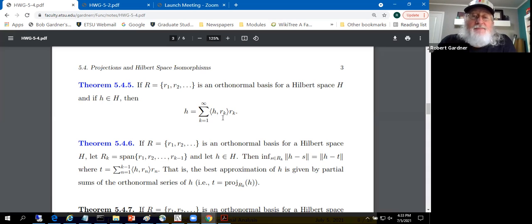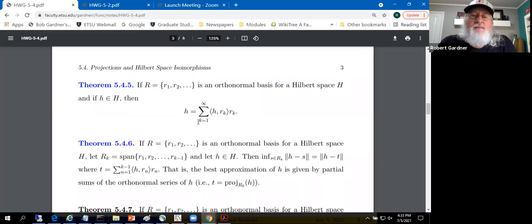It's the orthonormality that allowed that. If you had an orthogonal basis, this wouldn't be too bad. We'd have to deal with the fact that the vectors r sub k might not be unit vectors, and it would become a bit more complicated. If we didn't even have an orthogonal basis, then it's just going to be a mess. That's where the Gram-Schmidt process comes in to clean up that mess.